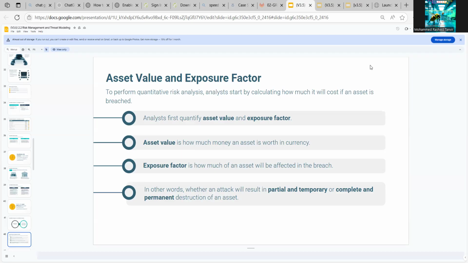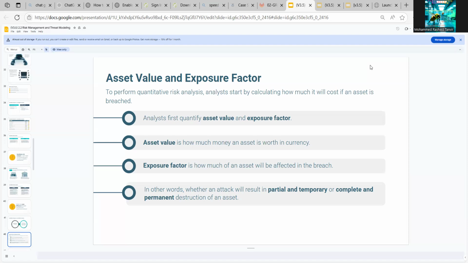Analysts also consider how exposure to an attack can result in either the partial, temporary, or complete permanent destruction of the asset. For example, a DDoS attack might take down a server for a few hours, but a fire would destroy it for good. Analysts quantify the exposure factor, which is how much of the asset will be affected in the breach.